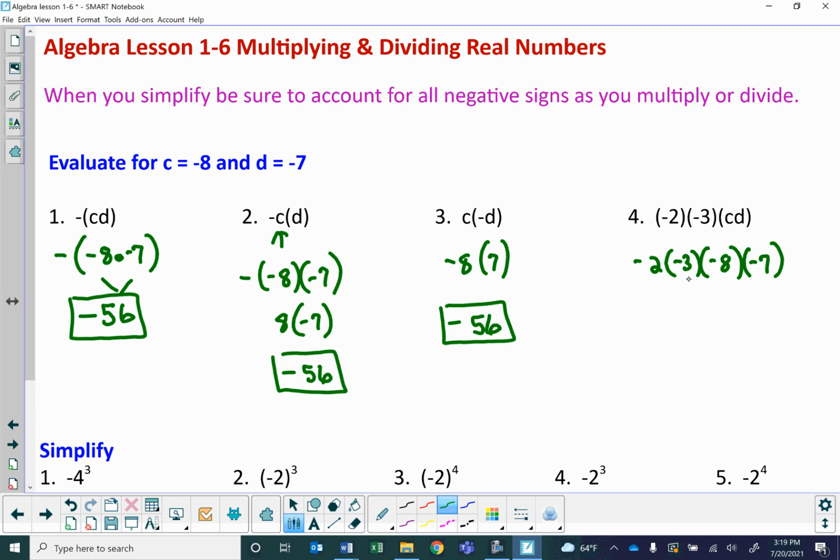I have 1, 2, 3, 4 negative signs, so I automatically know my answer is going to be positive. And we can multiply these in any order we want. I know that this is 56. I know that this is 6. 6 times 56 is 336. And it is positive.